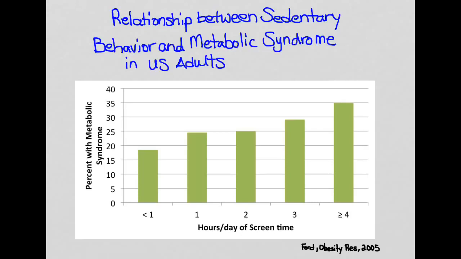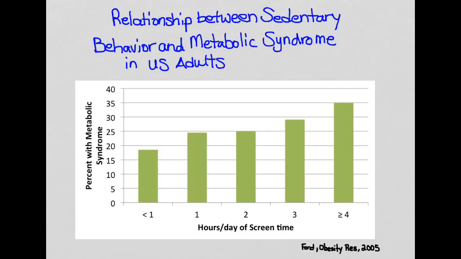So we've got metabolic syndrome and we've got sedentary behavior. So it could be that the more sedentary behavior you have per day, the more likely it is that you have metabolic syndrome. I mean, that actually sitting around all day is what causes metabolic syndrome, okay?